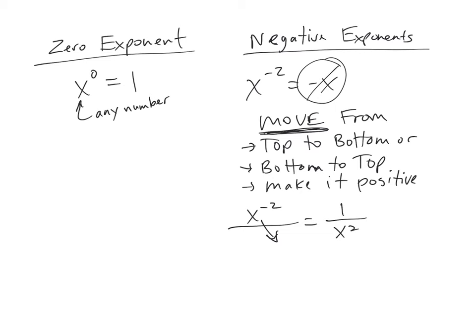Alright, let's do one where we have 1 over 3 to the negative 2. It's in the denominator, so it moves to the numerator and becomes positive, leaving me with 3 squared. It doesn't affect the negative or positive value of the number that it is associated with. It simply moves it, from the top to the bottom or the bottom to the top.